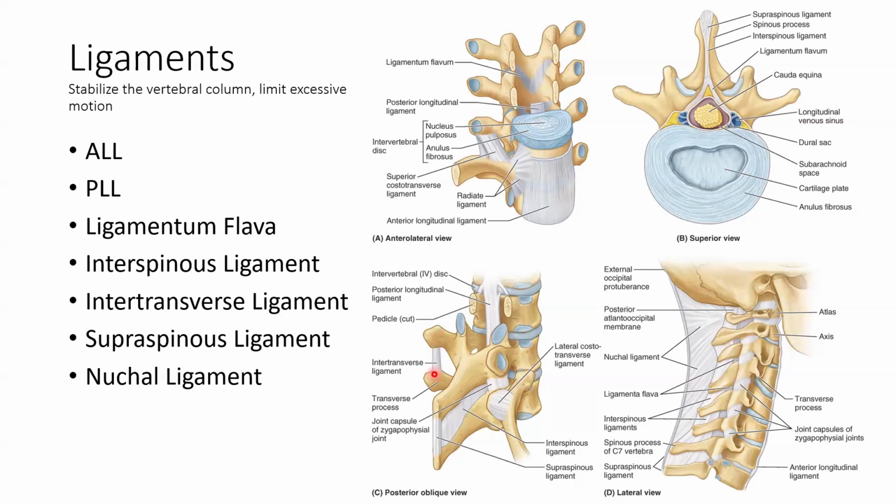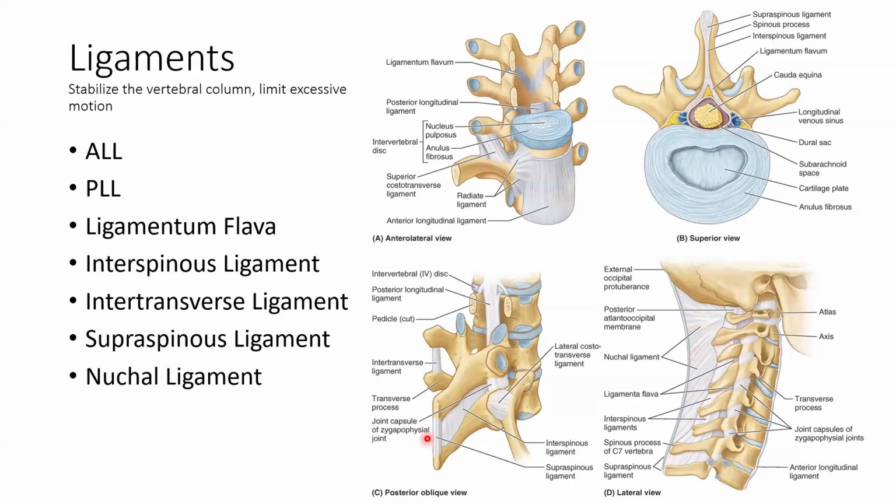Those transverse processes are going to become farther apart. Picture you're going into side bending, that this transverse process would move up and away, pulling on that ligament. So the intertransverse ligament is going to limit excessive lateral flexion, which is also side bending, and also excessive rotation.